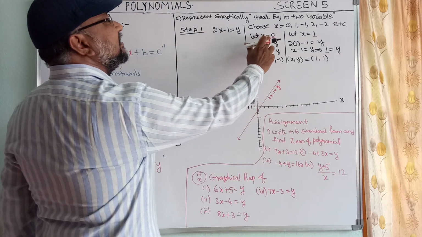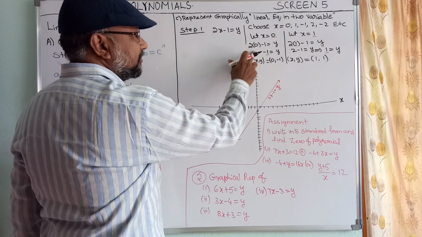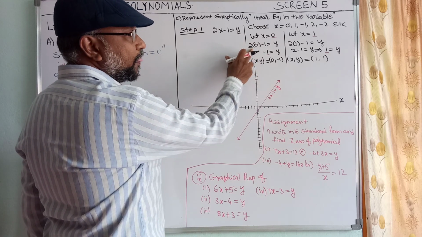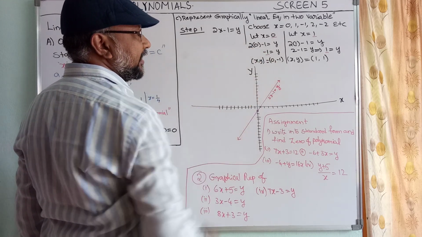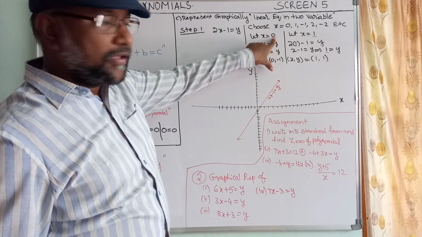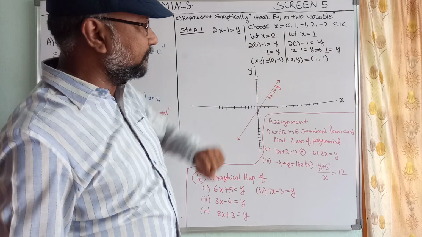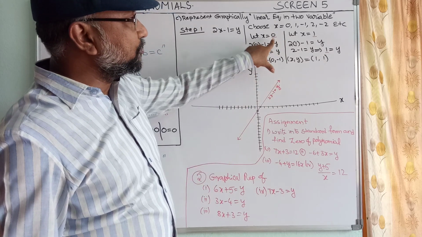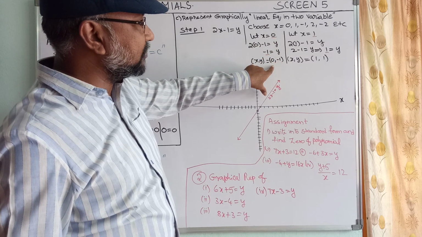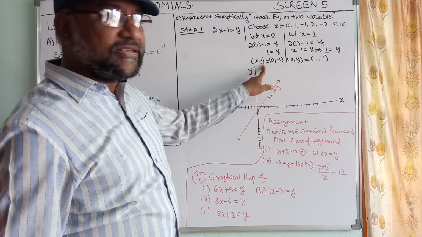Now let x is equal to 0, substitute in this equation, and this term becomes 0, so y is equal to minus 1. Now we have chosen x is equal to 0 and we got the y value. When we chose x is equal to 0 and got y is equal to minus 1, x comma y is a coordinate.